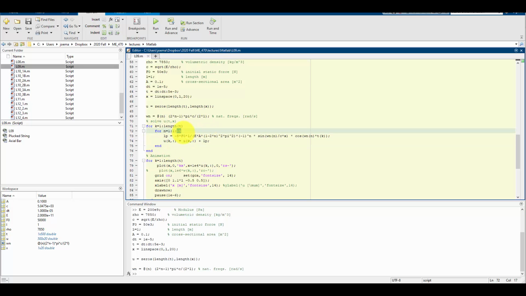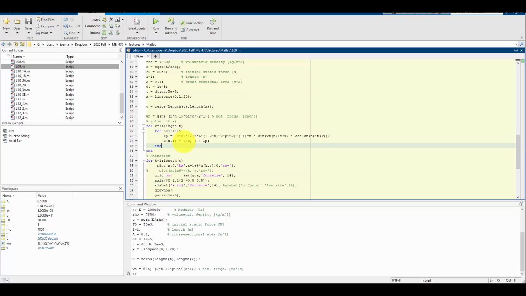I'm going to here, for this example, take 15 terms. So this will only include the first 15 natural frequencies. But as we saw, by the nature of this 1 minus 2n quantity squared, the addition as we get to larger and larger n's becomes smaller and smaller and smaller, and it's going to have much less of an effect.